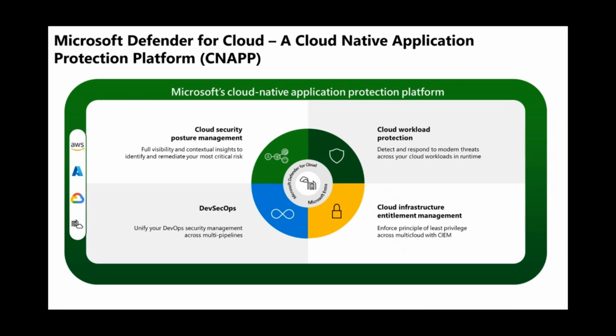So a key part of cloud security is being able to continuously monitor and manage vulnerabilities across your cloud workloads. And vulnerability management is really important because it helps organizations improve their security posture, reduce the attack surface, and also help them prevent security breaches.